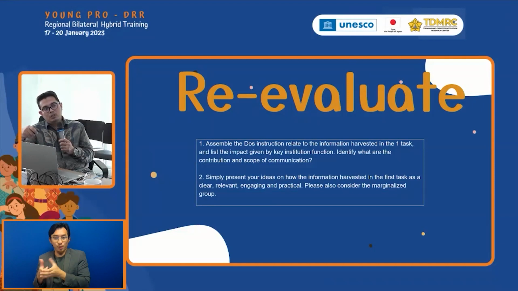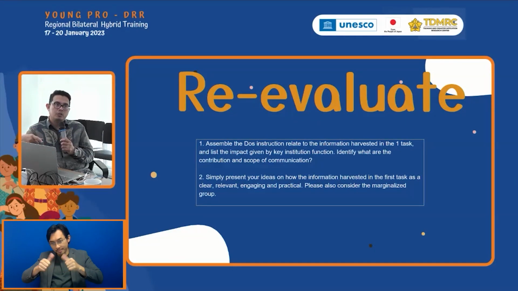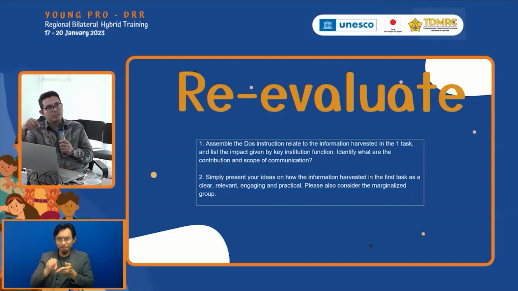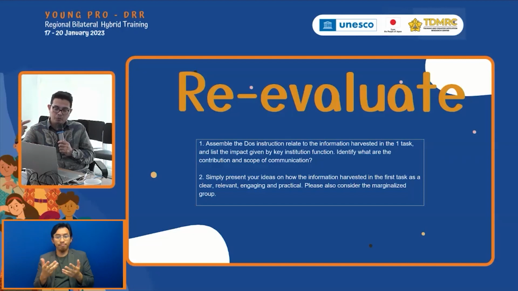Okay, so later on, if you have time, you can re-evaluate your recent discussions and try to assemble the do's, instructions, and some other things as shown in this part here. Again, I keep reminding everyone, you can copy all of your work to the training notes. So you can go back to those notes and write the parts that you haven't discussed, or you still have no idea about, and you can just write in those notes.